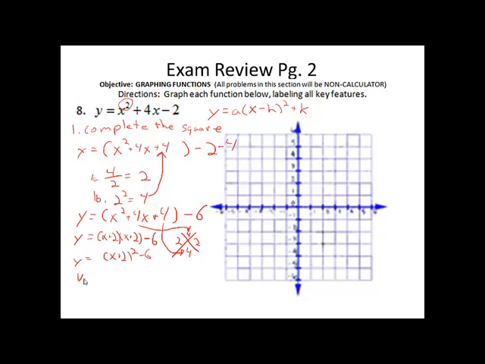Again, our vertex is our highest or lowest point on our U. And the U is going to be what I'll call right side up because we have a positive number right there. So our vertex is the opposite of what's inside our parentheses, so a negative 2 for our x and just the negative 6 for our y. So we come over 2, down 6, and there is our vertex.